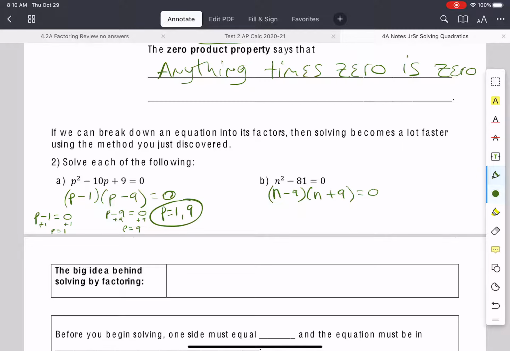So if one of these factors is 0, then the whole thing is 0, because 0 times anything is 0, right? So let's take each factor and find what makes it 0.